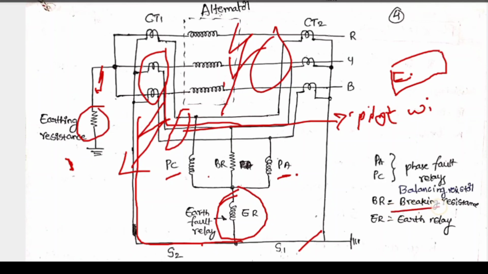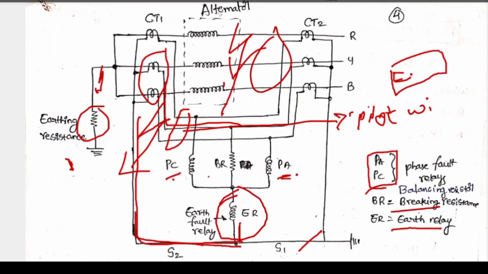ER is the earth relay, and PA and PC are the phase fault relays. Under a phase-to-phase fault, without passing through the earth relay ER, only the phase-to-phase fault protection will operate. PC and PA only operate. Under an earth fault, the earth relay will operate because it is a neutral, common wire connected to ER only. This is the modified differential protection scheme for alternators.